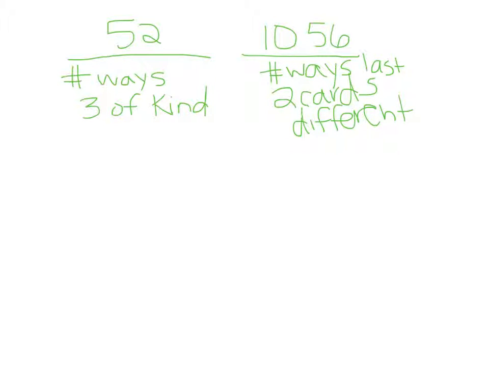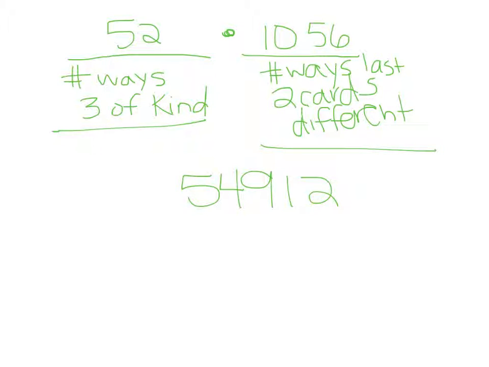So the number of ways to get 3-of-a-kind and the last 2 cards a different value is, if I multiply those 2 numbers, 54,912. Now remember, that's the number of ways I can get 3-of-a-kind and the last 2 cards to be a different number.